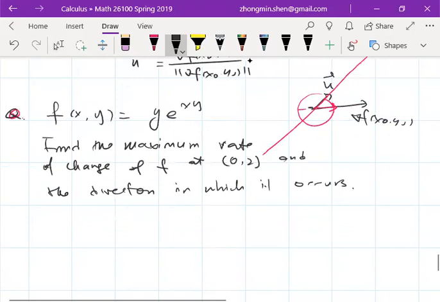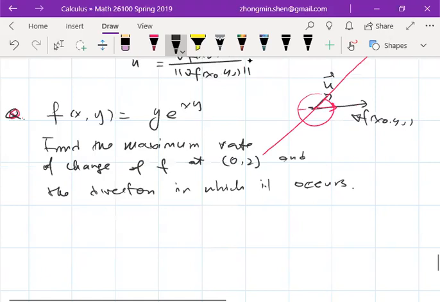So what's the question? We are given the function, and you have a directional derivative in all the directions around that point. I want to find the maximum possible value of the rate of change, and I also want to find the direction in which the maximum rate of change occurs.